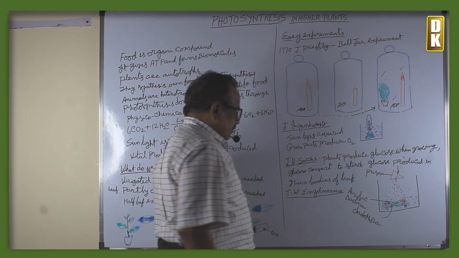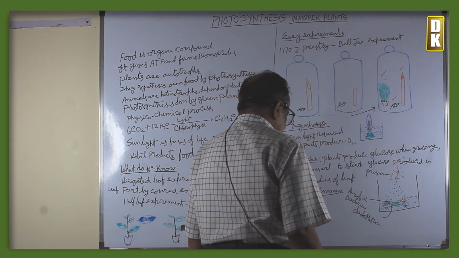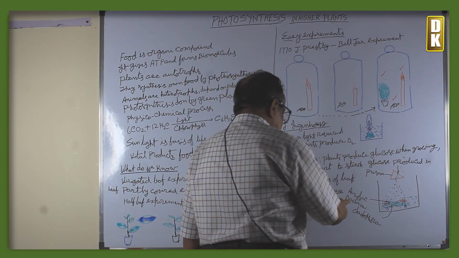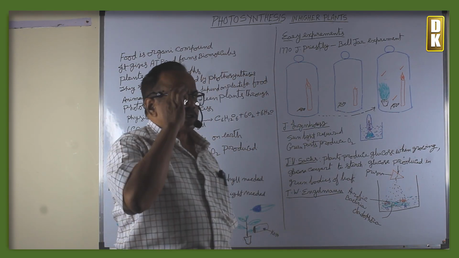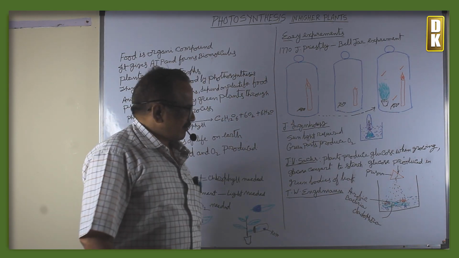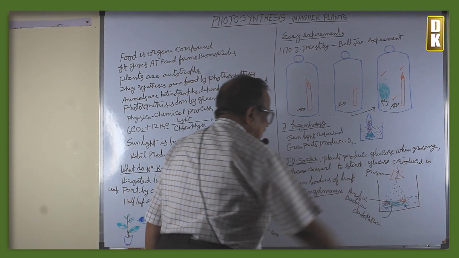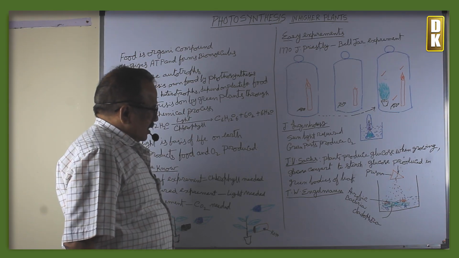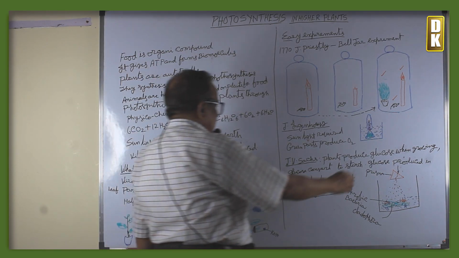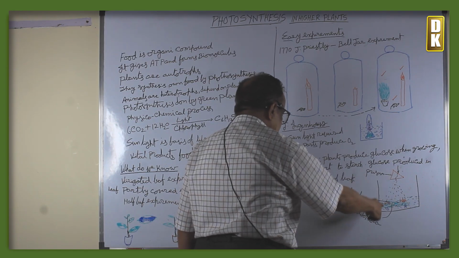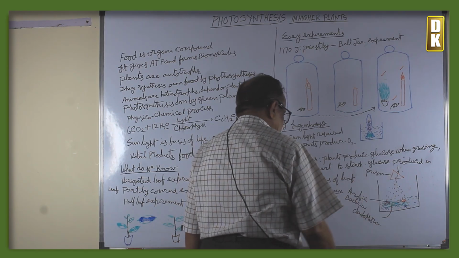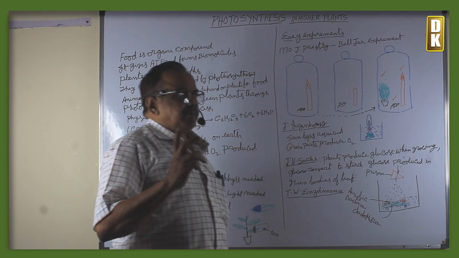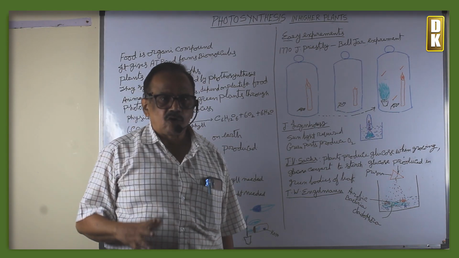Before keeping the Cladophora in the water, he suspended, means he added, some aerobic bacteria in that medium. Aerobic bacteria means those which require oxygen for their survival. Now after a few hours, he observed the prism components, the light colors, and saw that at the blue and red light places the bacteria had gathered more.